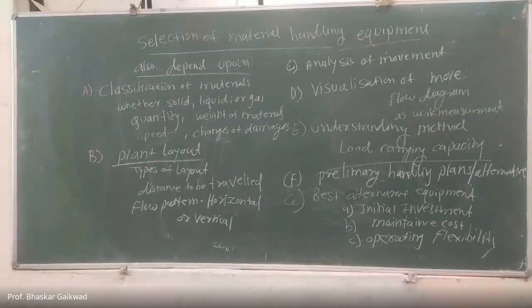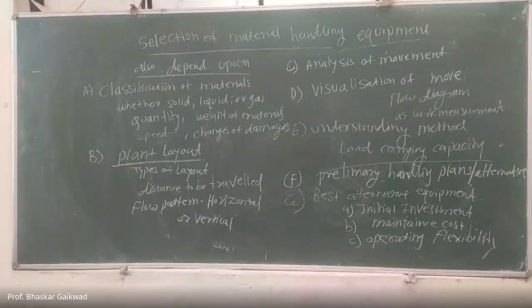If you are capable of making that investment, then again you have to think about what the maintenance cost should be. After that, operating flexibility, how much is there? And the best thing is which material we can actually use for the material handling equipment.